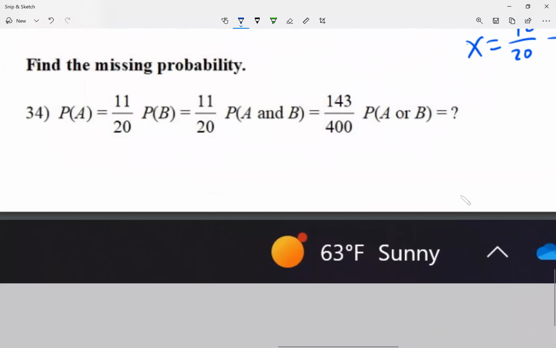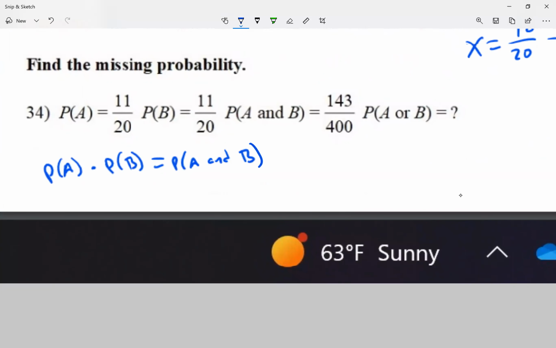Now find this probability here. Here it doesn't tell me whether they're dependent or independent. Let me check something really quick. Probability of A times probability of B equals probability of A and B if they are independent. 11/20 times 11/20 equals 121/400.